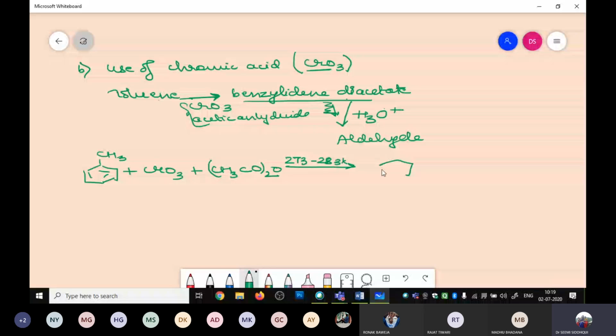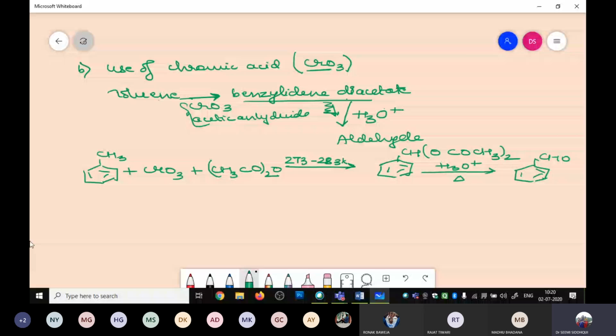Clear? So what happens over here, that it gets substituted, CH(OCOCH3)2, and further it undergoes a hydrolysis. When it undergoes a hydrolysis, we obtain a benzaldehyde.